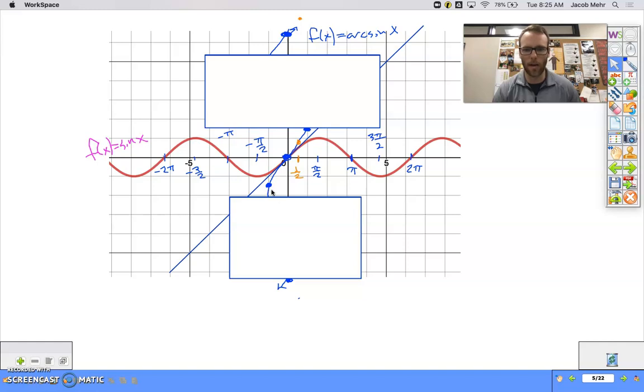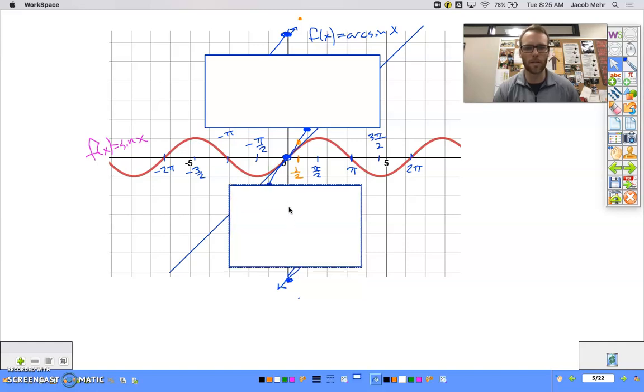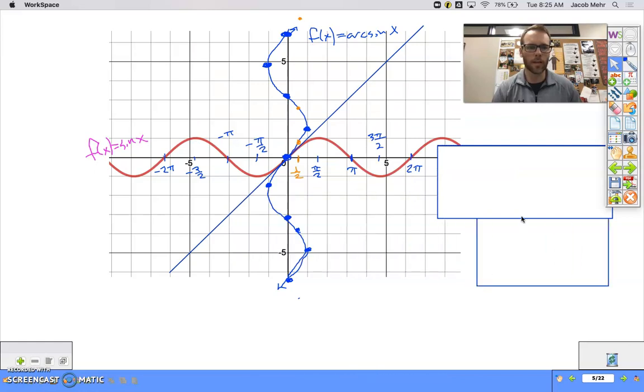I didn't do a great job graphing it, but it would fail the vertical line test. So what we like to do is cut it off there and there. And this orange graph right here is how we define the arc sine.